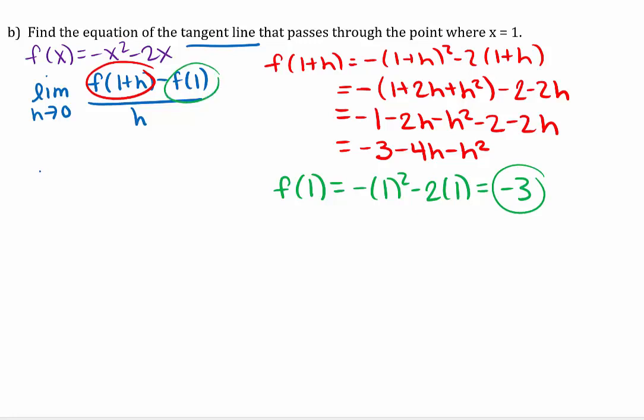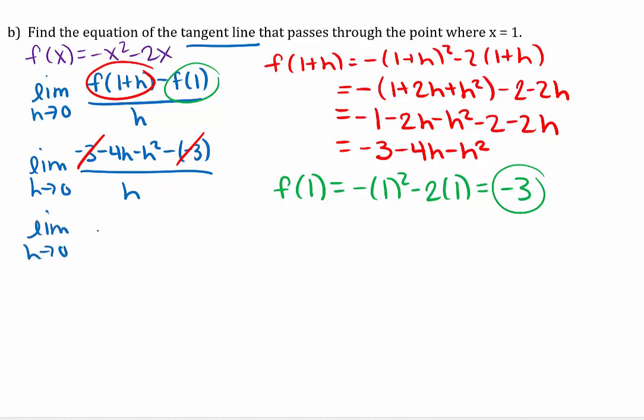So now my slope is the limit as h goes to 0 of negative 3 minus 4h minus h squared minus a negative 3 all over h. If I combine like terms in the numerator, the negative 3's cancel out, and I'm left with negative 4h minus h squared over h.